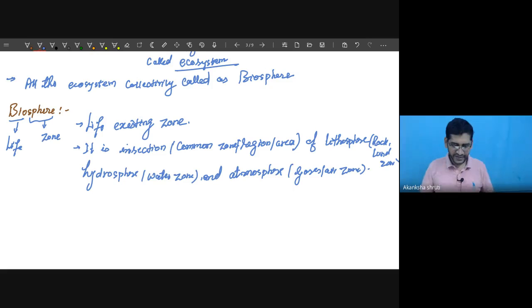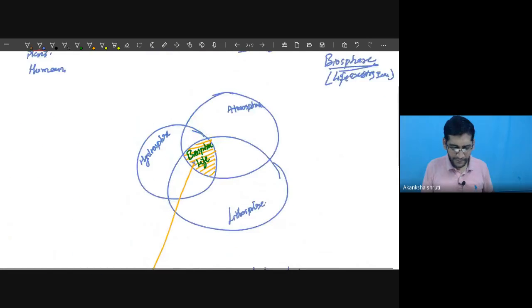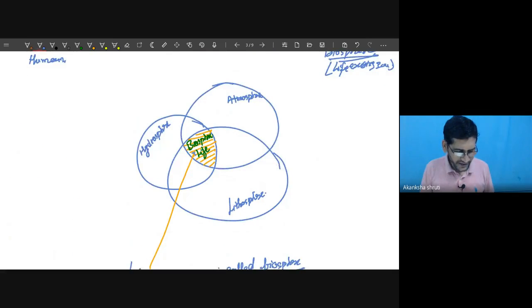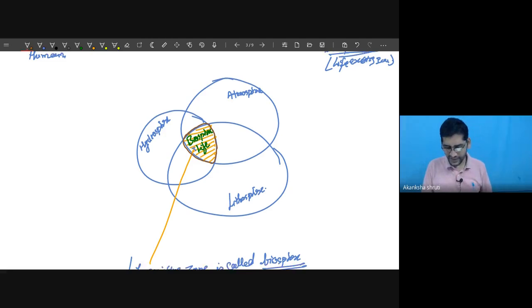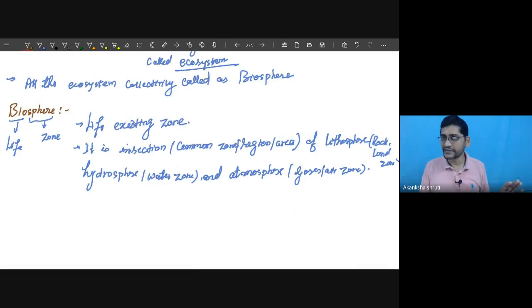Okay, so that's why we have represented this biosphere by the common region of all these three. Correct? So this is very important, you have to keep in mind, because biosphere is asked to define. So you just draw this figure, write this much line, it's enough.